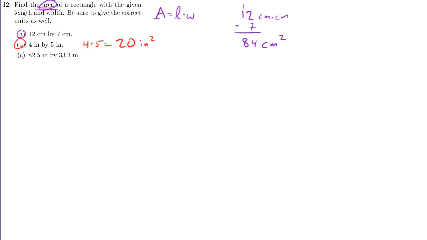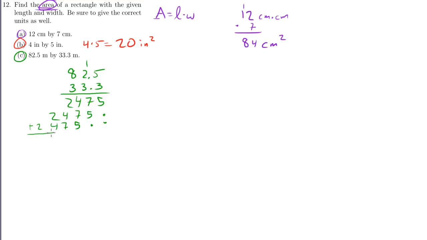And lastly, for C, we're going to have 82.5 times 33.3. So then this gets repeated again, and one more time for that last 3.